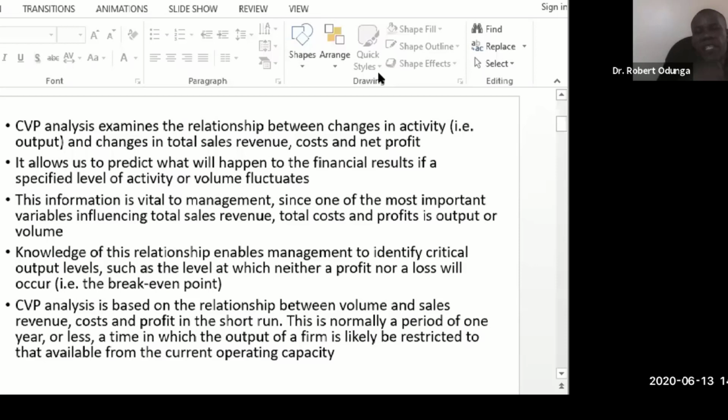Okay, so as much as we are trying to apply this CVP model, there are conditions under which it can operate. For example, we are being told it has to be within a short-term period, all right? This model can only work within a period of less than 1 year. If you have to make adjustments in your production level, then it has to be a decision made within that short-term period.